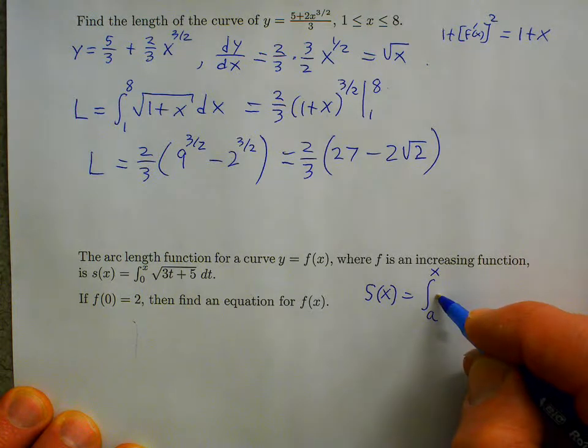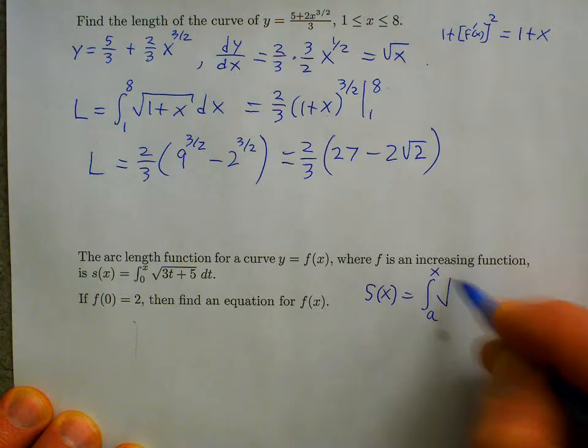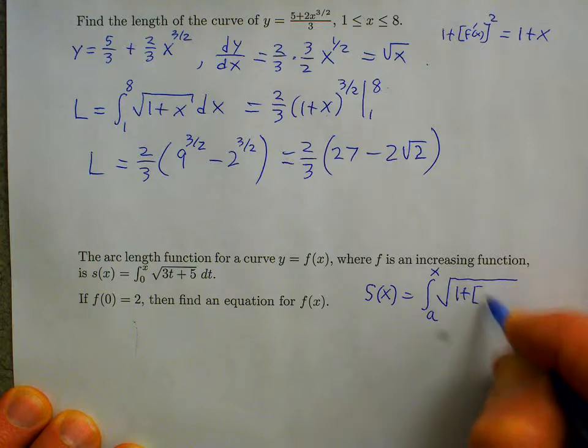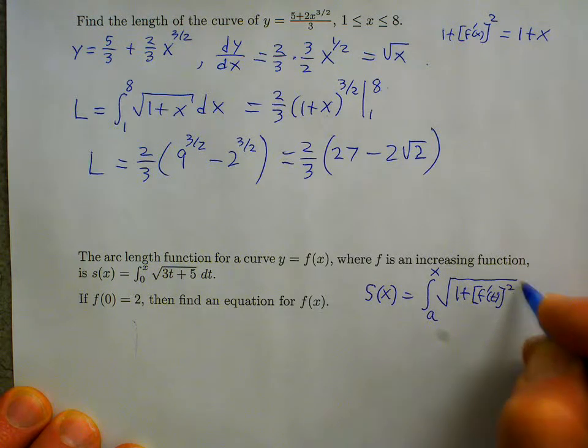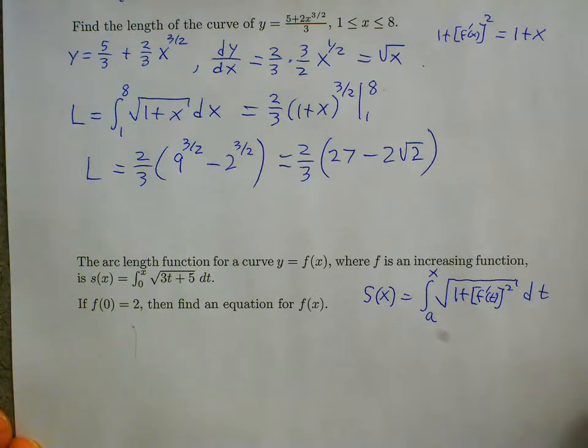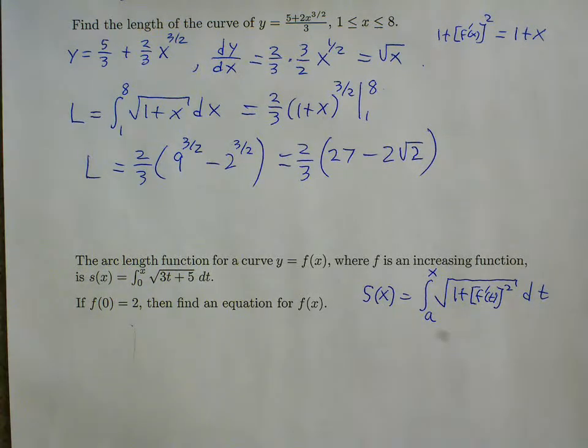And then for the integrand, you switch variables and write it as the square root of 1 plus f prime of t squared dt. Okay, so for this particular arc length function, we want to determine what f of x is.